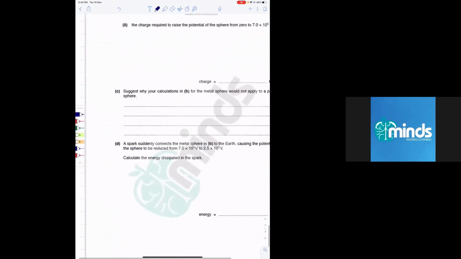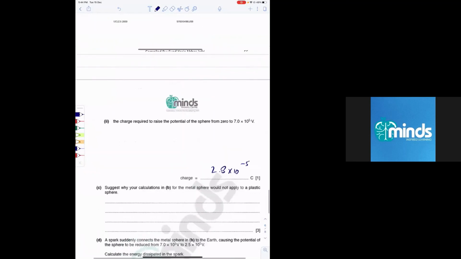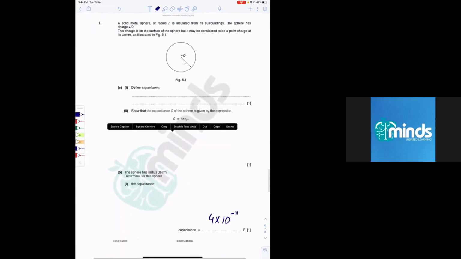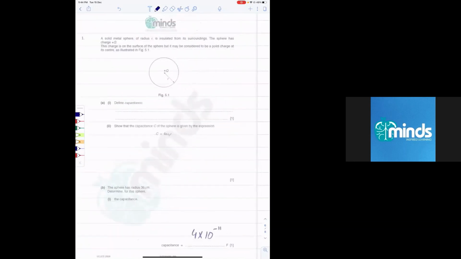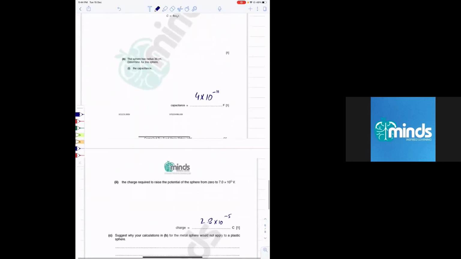Okay. In B2, we were supposed to calculate the value of charge. I'm getting minus 9, 2.8 something. Did you convert the distance in centimeters? Yes, for the first one we were supposed to use meters.